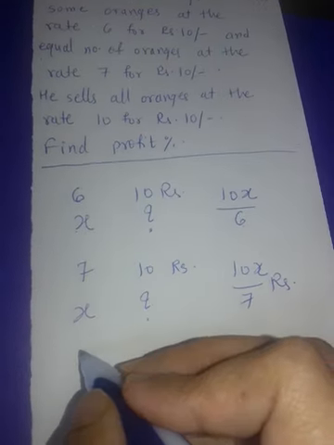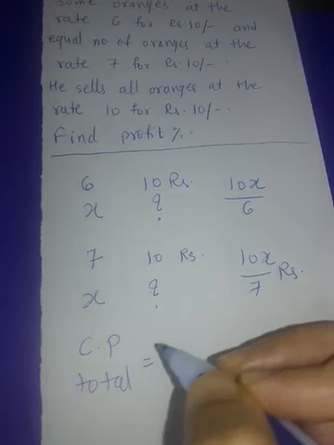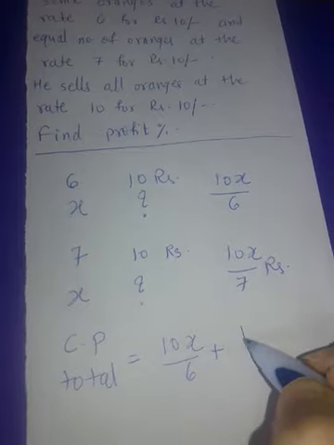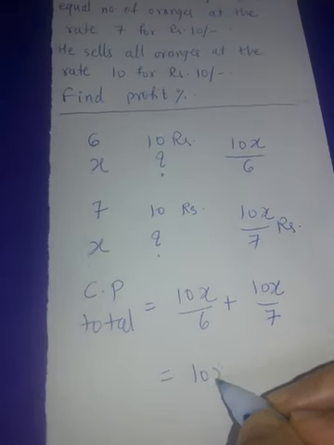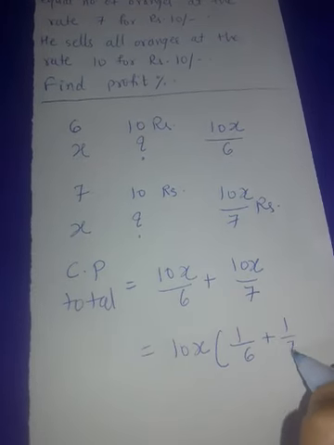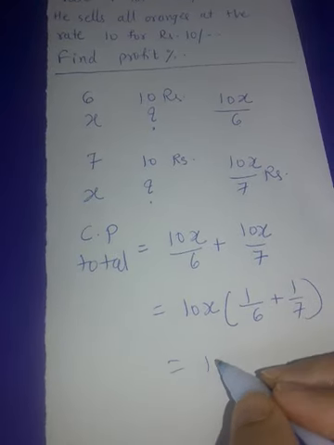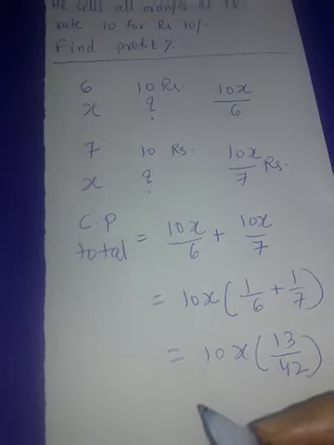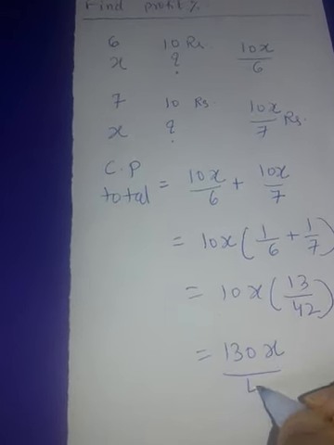Am I right? So what is his total cost price? Total is 10x upon 6 plus 10x upon 7. If I take 10x outside, 7 and 6, it is 130x upon 42.